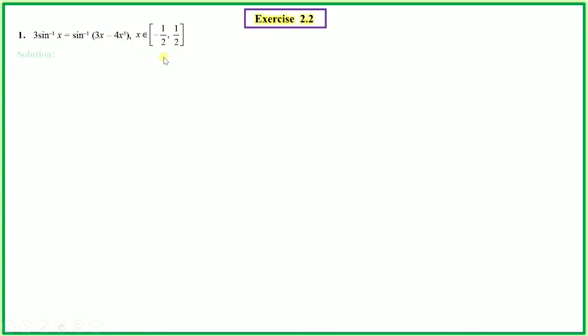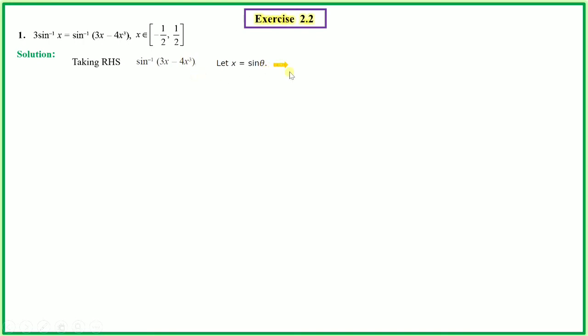For the proof, we take the right hand side, which is sine inverse of 3x minus 4x cube. Let x be equal to sine theta. Why? Because 3 sine theta minus 4 sine cube theta will become the formula.